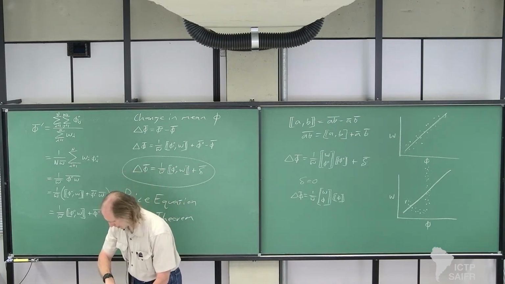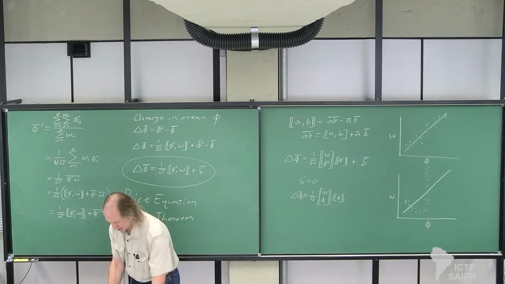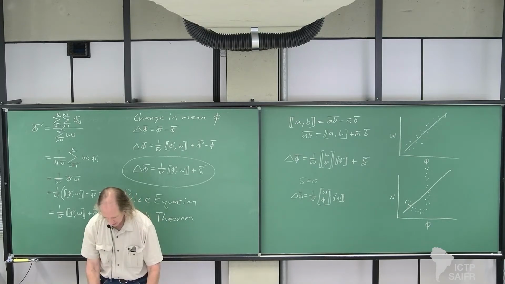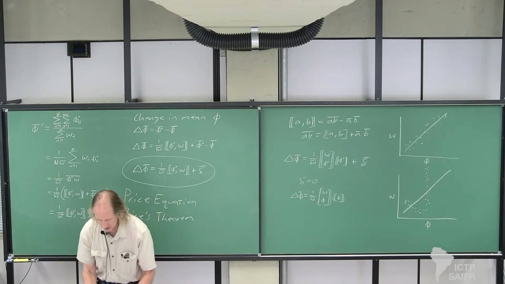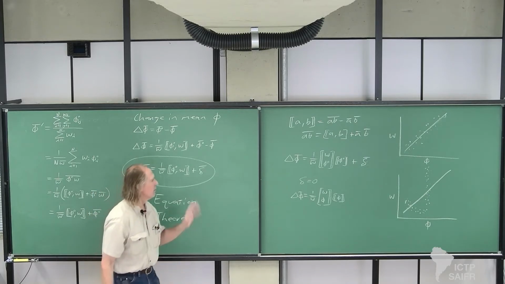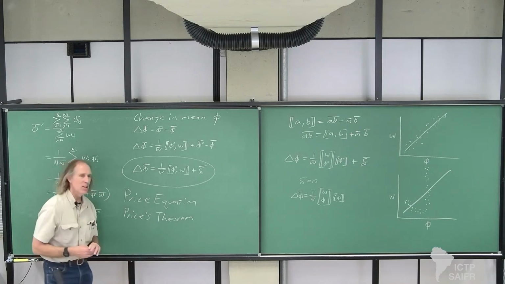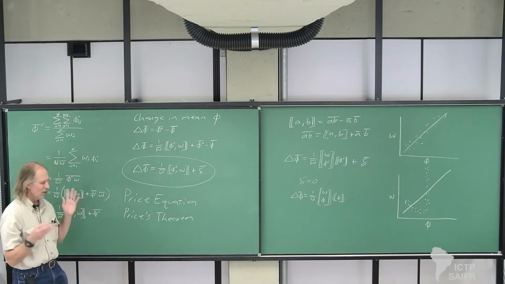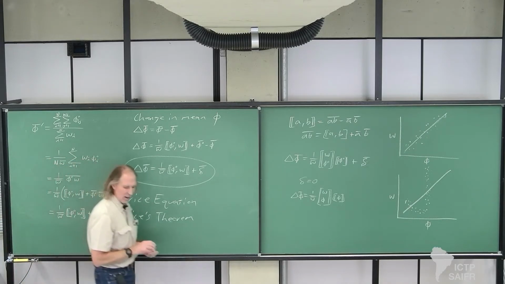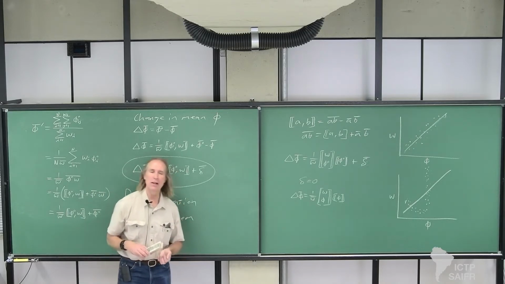Okay, so how do we apply something like this? One of the objections that some people had to thinking of evolution in terms of something like this is, okay, that's interesting, it's this very general statement, but how do we actually apply it to a particular case?